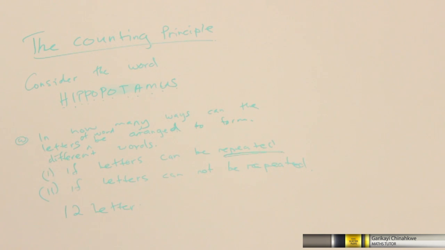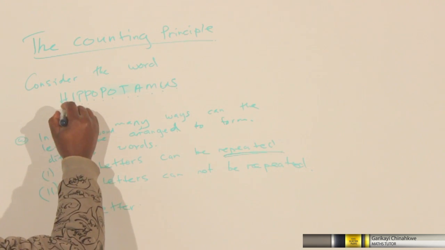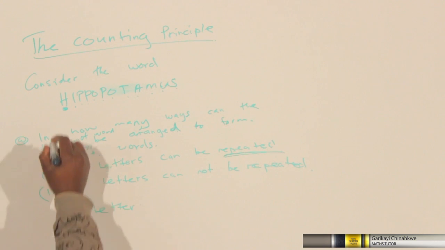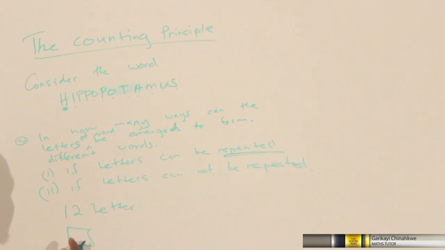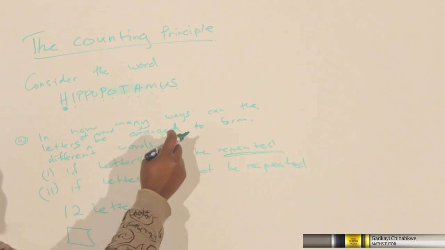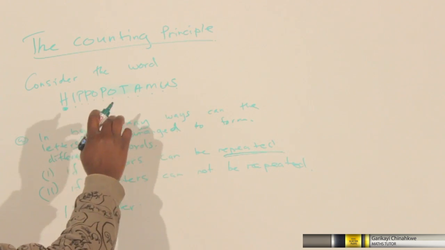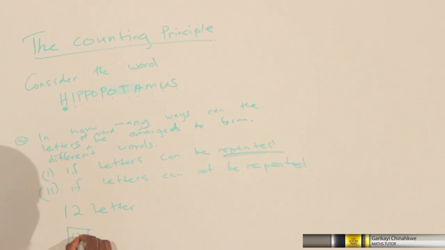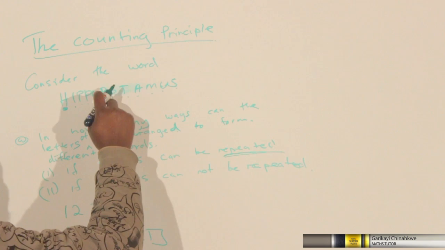And if we can repeat letters, then the first position of any word made from hippopotamus can take 12 letters. So you're going to say 12 times 12. The second one can take 12 letters again. The third one, those letters can be repeated, so even O can go there.